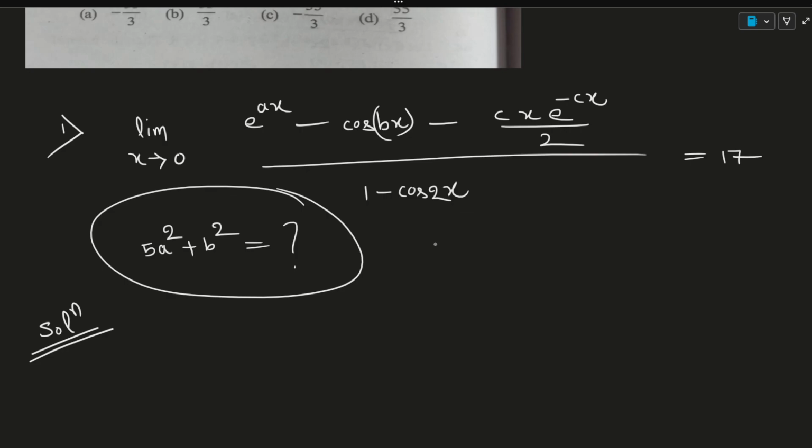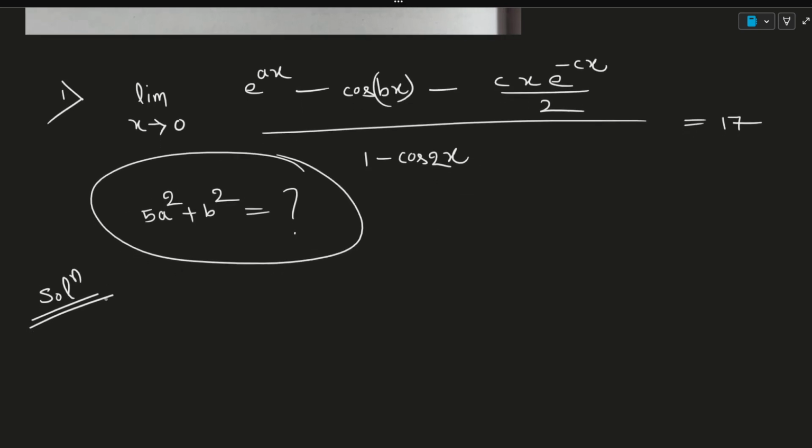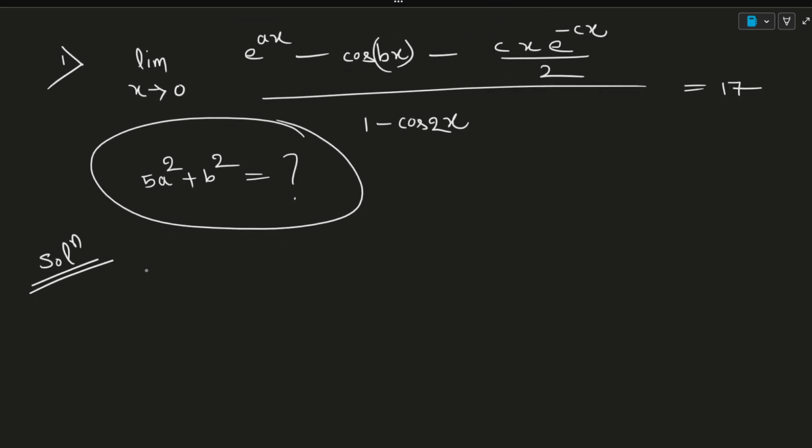Hence one thing is clear from here: when x tends to 0, our given f of x tends to 0 by 0 form. So we can apply L'Hospital rule as well.